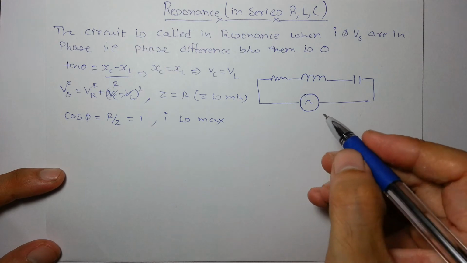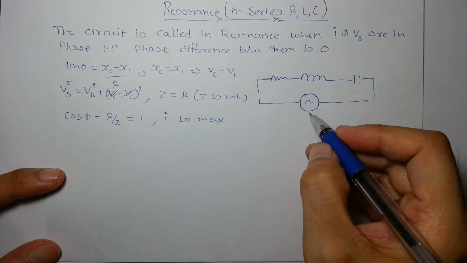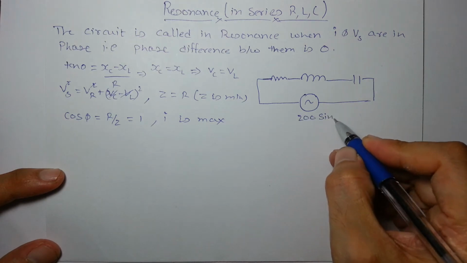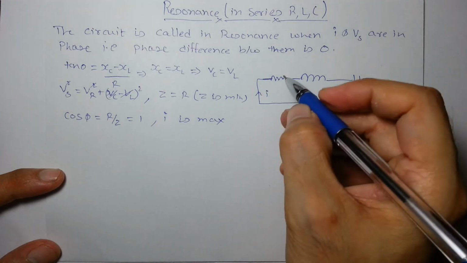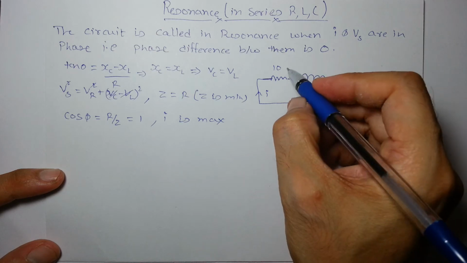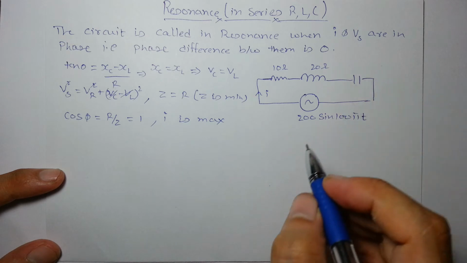Okay, so let's take a small example. Let's take some values in this same circuit. Let's say voltage is 200 sin 100 pi t. I is the current. This is, let's say, 10 ohm. This is 20 ohm. And this is not given.